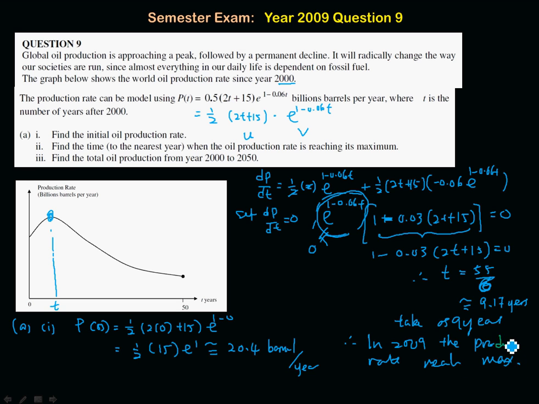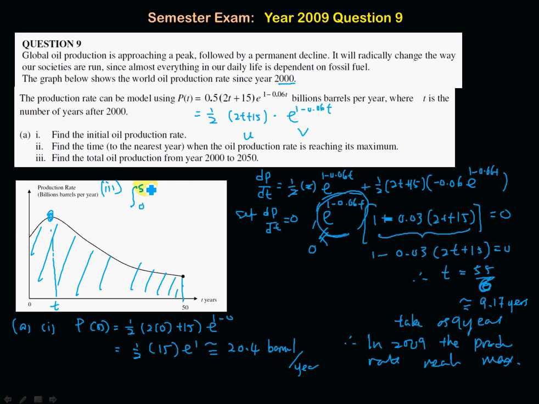When they ask you to find the total oil production, I'm going to do it in this part and find some space for myself. They ask you to find the area under the curve from 0 until 50, so total production means from 0 to 50.